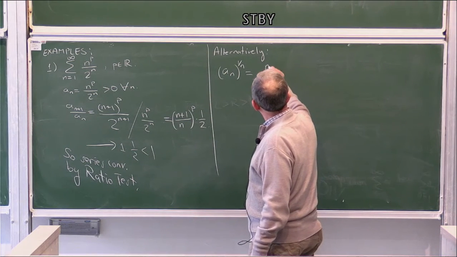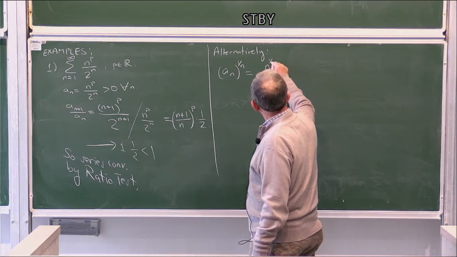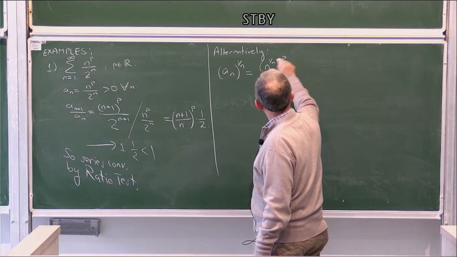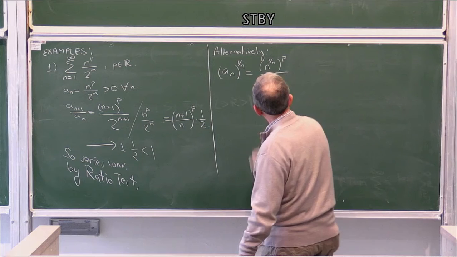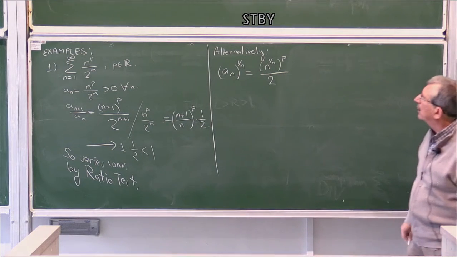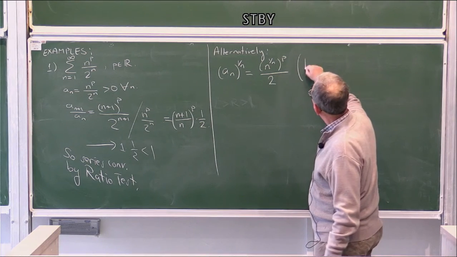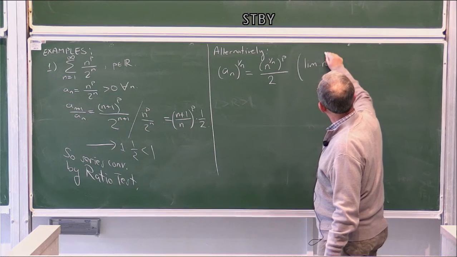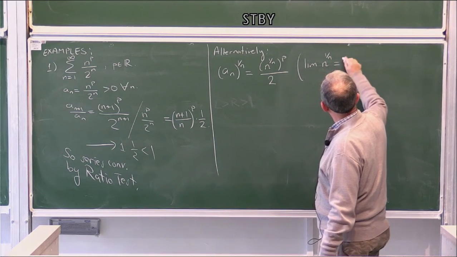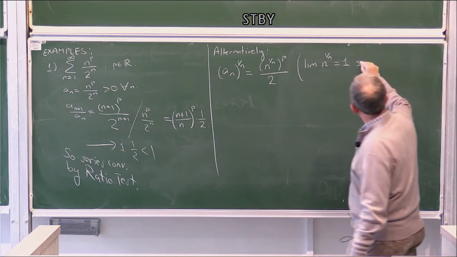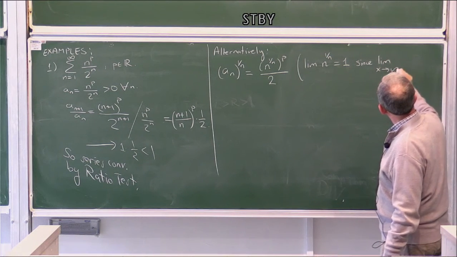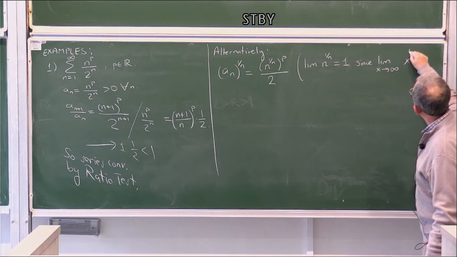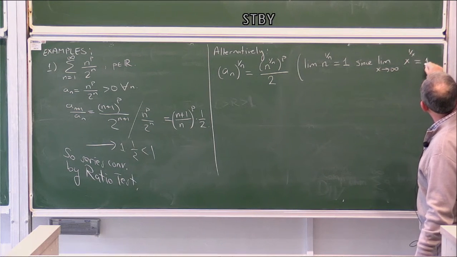It is n to the 1 over n to the power p divided by just 2. Now, the limit of n to the 1 over n is 1, since the limit as x goes to infinity of x to the 1 over x is 1.